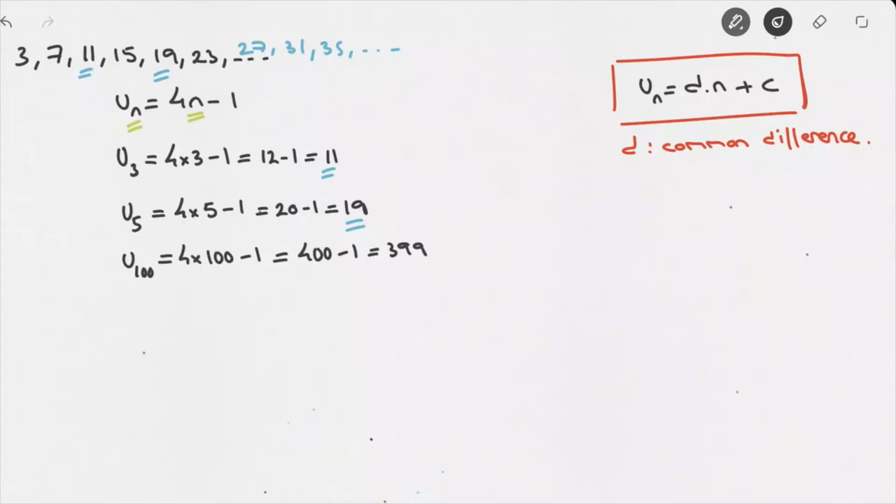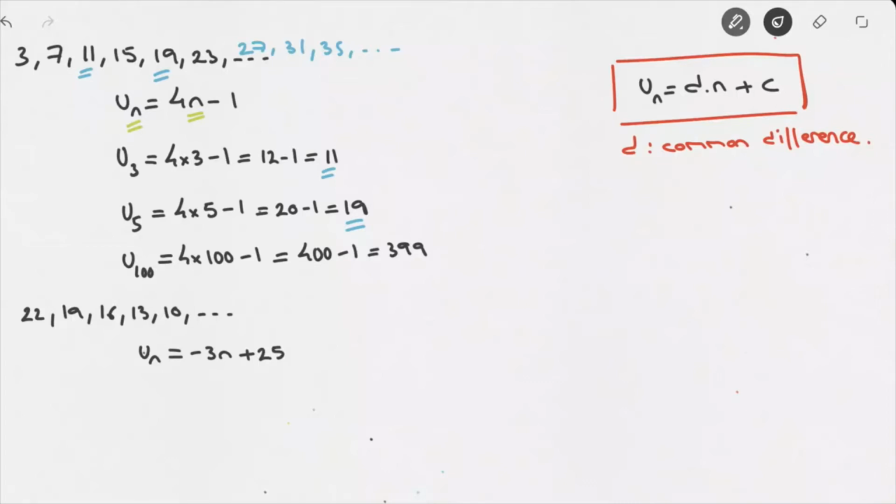Let's say we were given the sequence of numbers 22, 19, 16, 13, 10, and so on. Well, again, I'm just going to give you the sequence's formula. Its formula is un is equal to negative 3n plus 25.